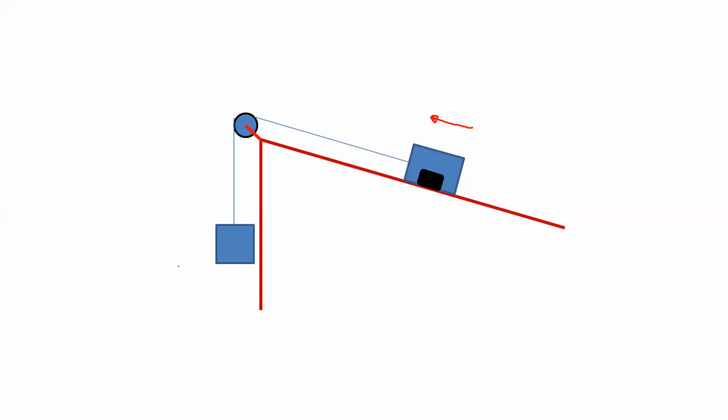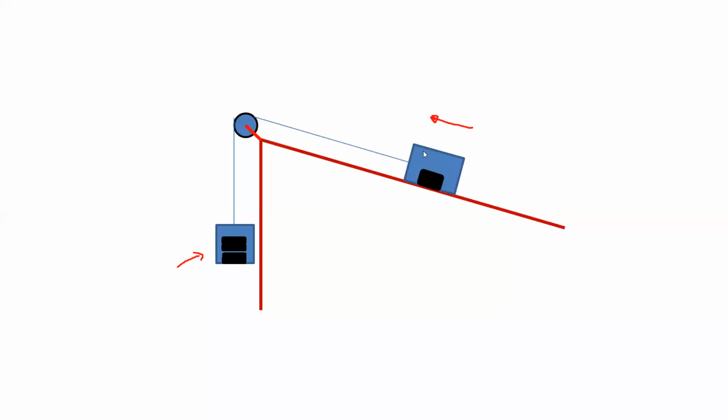So we will add the weight in the pan gradually. Initially we will add 10 gram, 20 gram, 30 gram. In this way we will go on adding the weight in the pan. At a particular weight, you can observe a slight movement of this box.